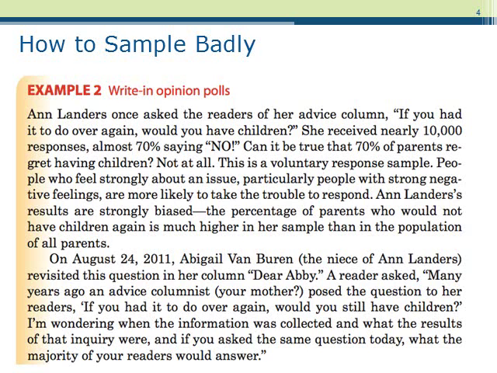On August 24, 2011, Abigail Van Buren revisited this question in her column, Dear Abby. A reader asked, many years ago an advice columnist posed the question to her readers, if you had to do it over again, would you still have children? I'm wondering when the information was collected and what the results of the inquiry were, and if you asked the same question today, what the majority of your readers would answer.